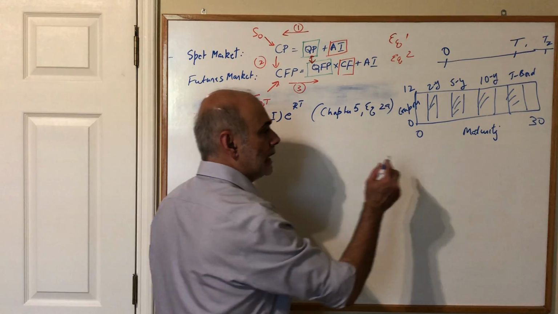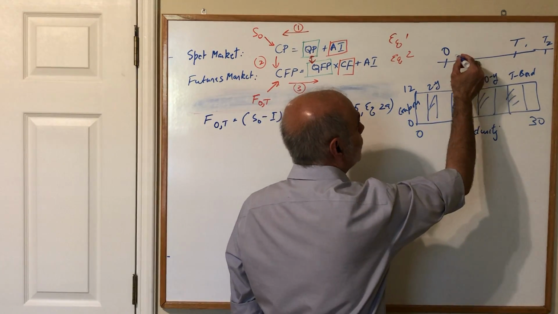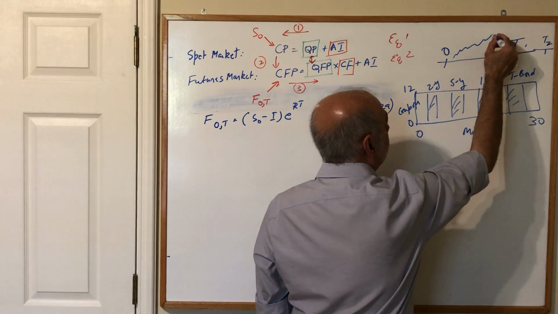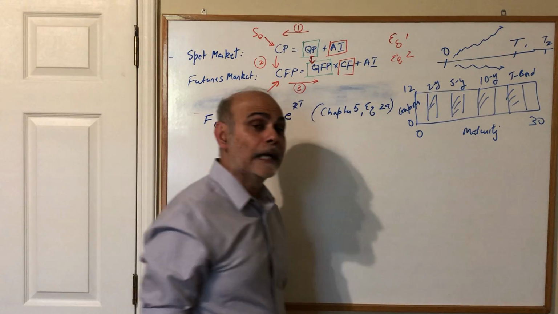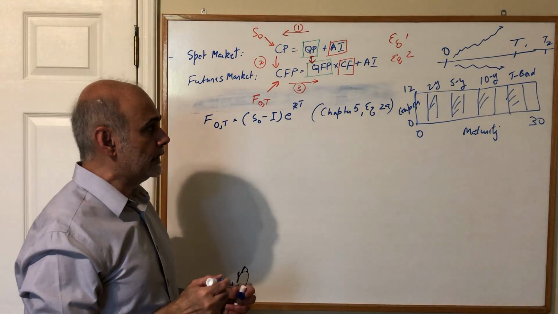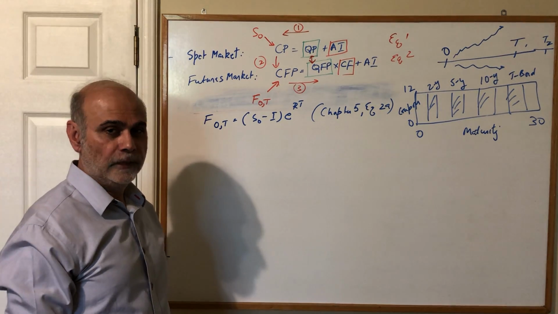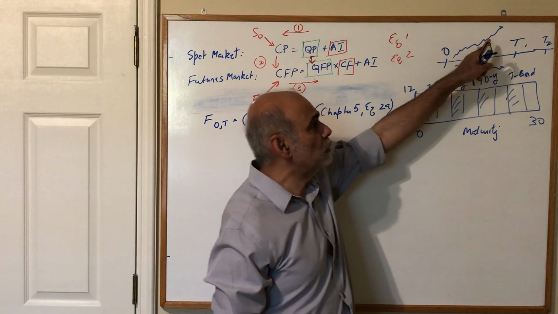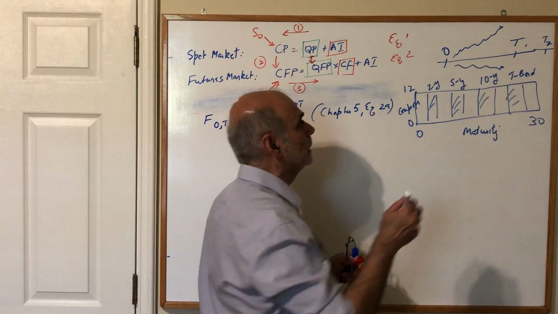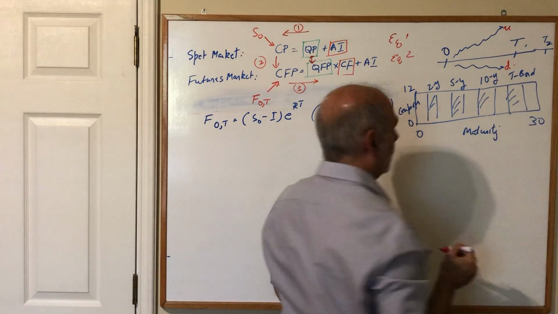Well, at time 0 in this timeline, you have to anticipate, are interest rates going to go up or down? So the guy with the long position has to anticipate, are interest rates going to go up or down? If you're expecting interest rates to go up, let's call that up. Let's call this down.